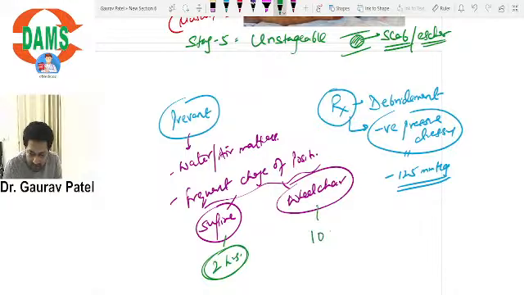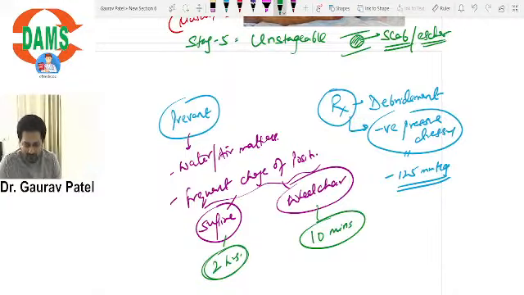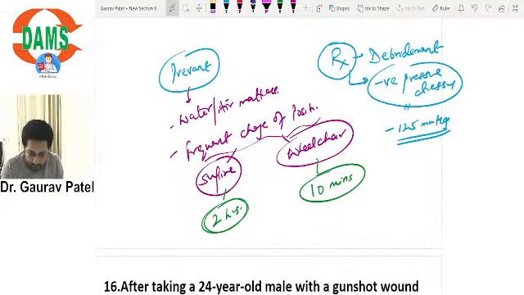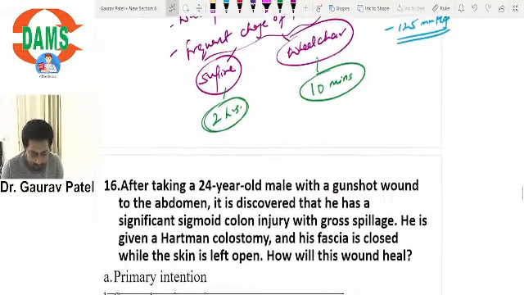Wheelchair, every, yes, correct Ankita, 10 minutes. Every 10 minutes the patient should just lift himself for a little bit, and if the patient is supine, then every 2 hours the patient position should be changed on the bed. Very nice, great. Next question.